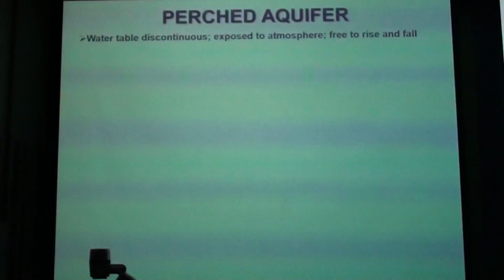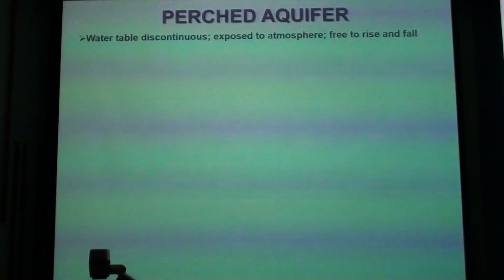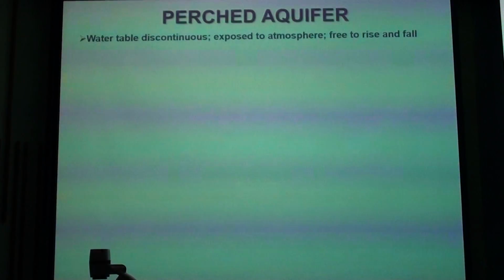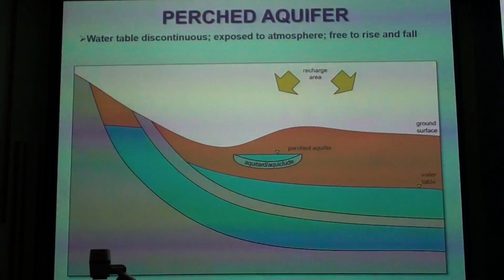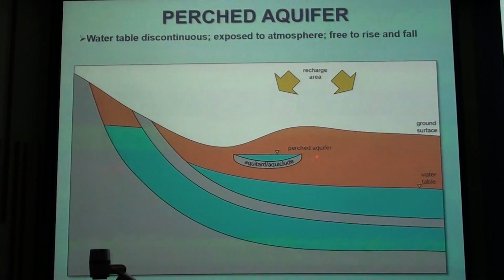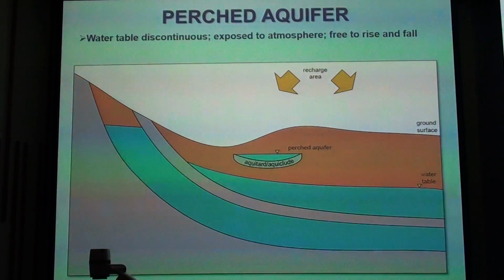What time we get. And the perched aquifer, water table here, discontinuous. It's very isolated little stuff. It's open to the atmosphere, so it's free to rise and fall, the same as the unconfined ones, as it receives or gets water taken out of it. Same system here. You've got maybe an old buried riverbed or an old lake bed or something that's been buried as stuff on top of it has been accumulating.